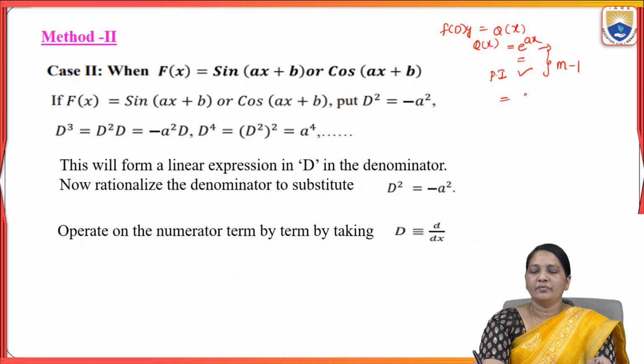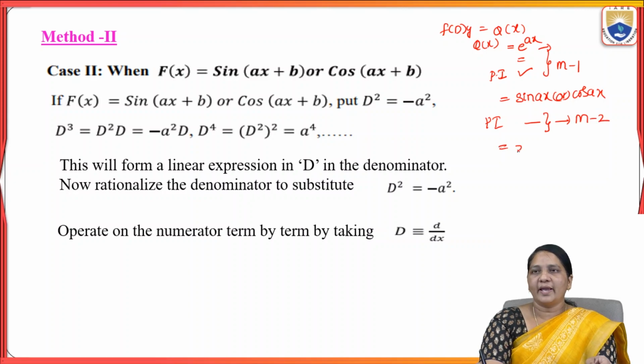Now we take Q of x as sin ax or cos ax. If you have sin ax or cos ax, how to calculate the particular integral? This is method 2. If you have x power k, or x power m or x power n, how to calculate the particular integral? That we are taking as method 3.